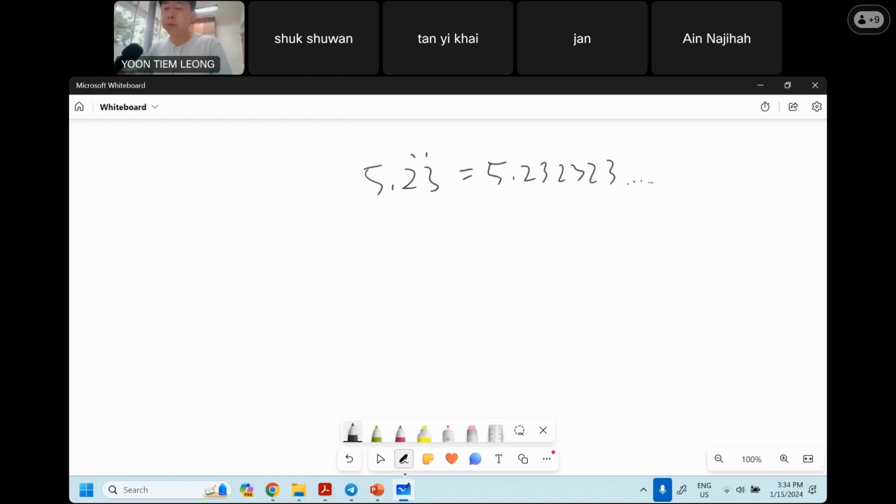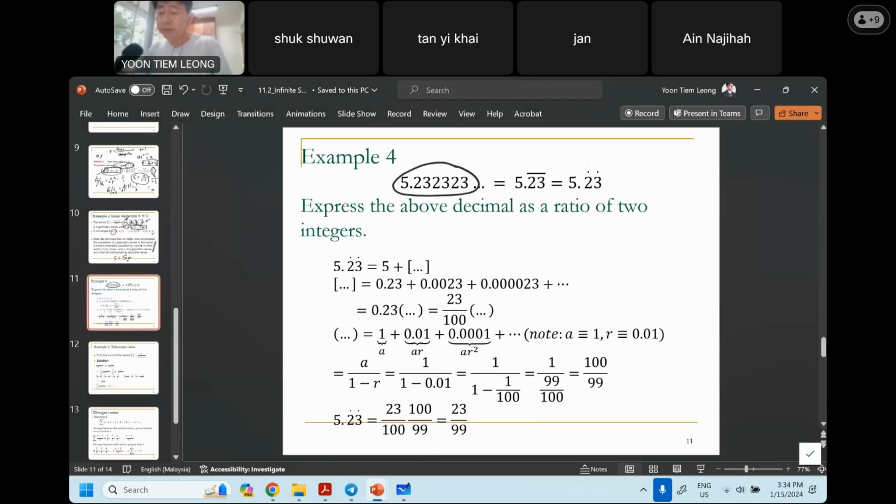Then you are asked to express this 5.23 recurring in the form of an exact fraction. You want to write this as a number, say, a divided by b, where a and b are two integers, so that you can represent 5.23 recurring exactly. This appears like a complicated question, but actually it's not.